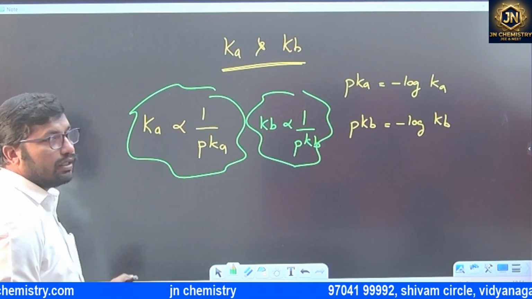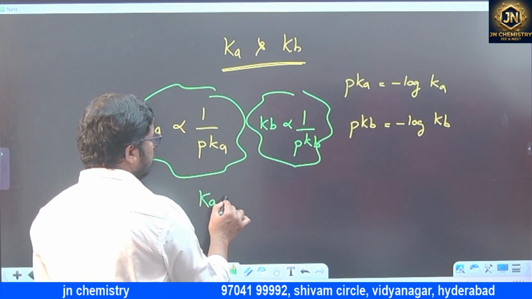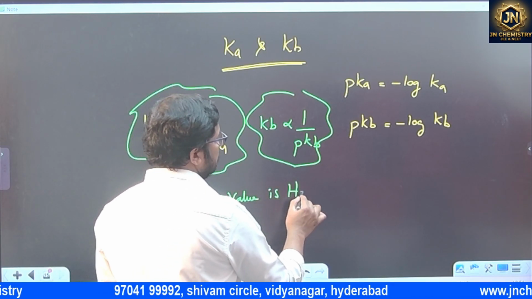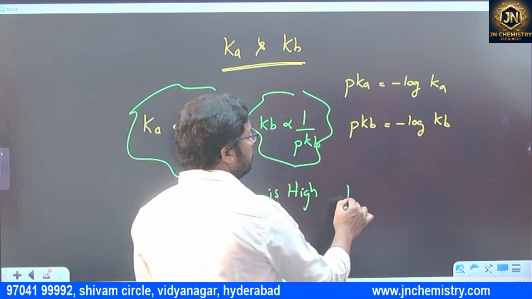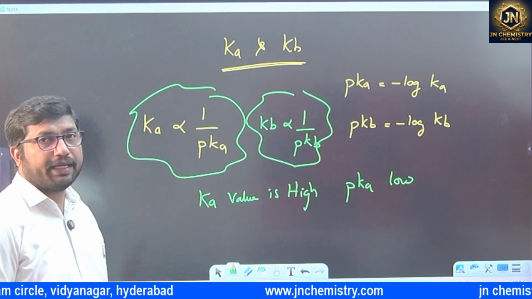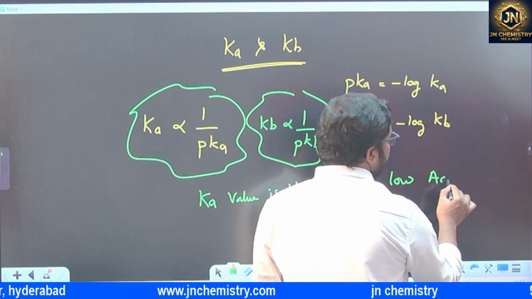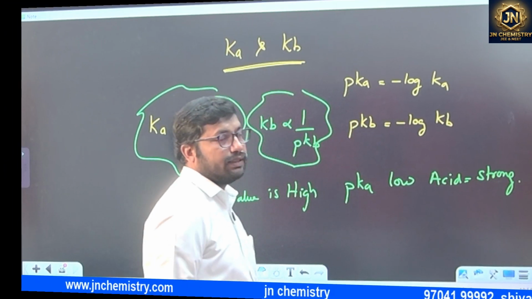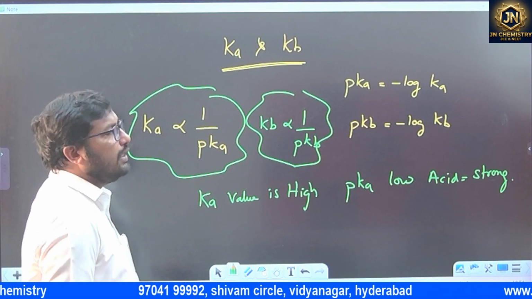If, for example, the acid is a strong acid, the Ka value is high, then by default the pKa value should be low. When Ka value is high, pKa value is low, so then the acid is a strong acid.